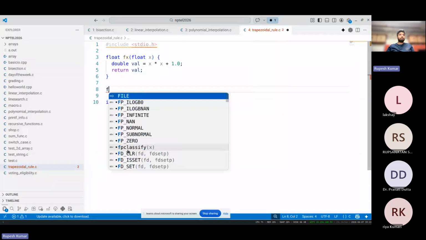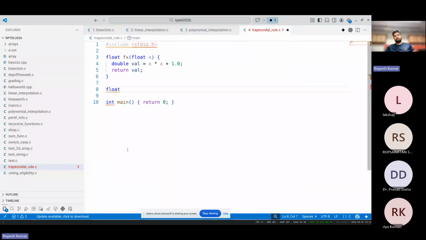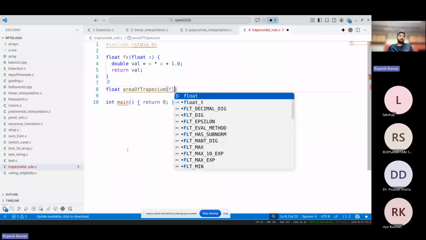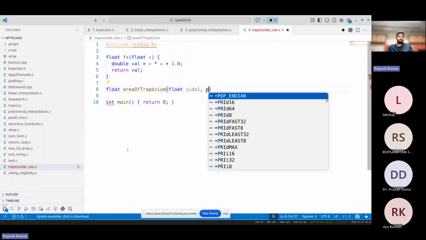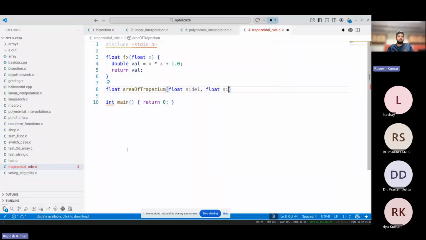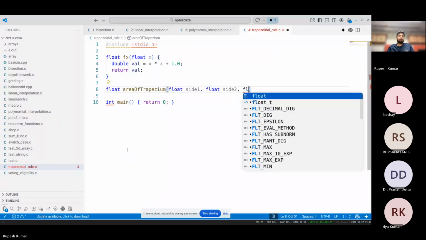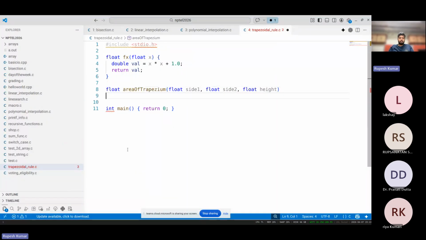And then I will write a function that computes the area of a trapezium. Again, the function returns a floating point value, and let's call the name area of trapezium, right? And then I will take float side one, parallel side one, right? Again, float side two, and then float height, right?